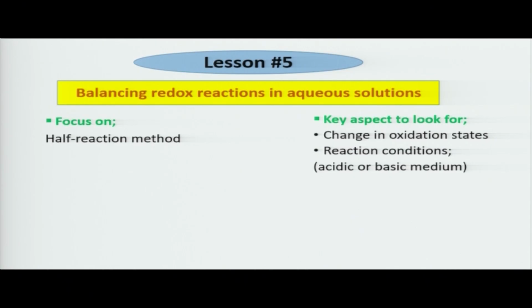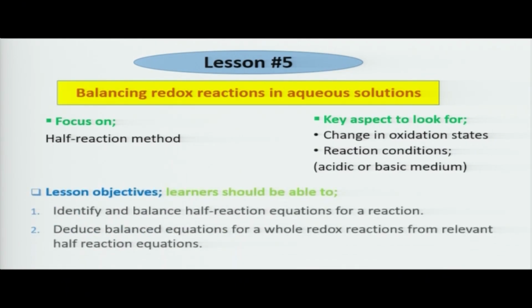As usual, I always highlight the lesson objectives. We have two objectives to work on. One is to identify and balance half reaction equations for each reaction. When I talk of half reaction, you understand we're looking at the oxidation half side and the reduction half side.